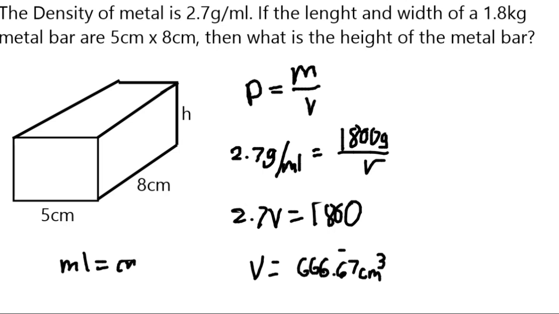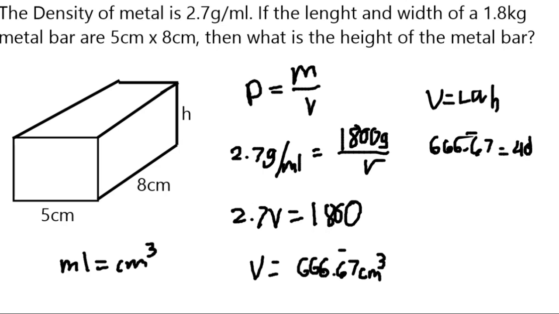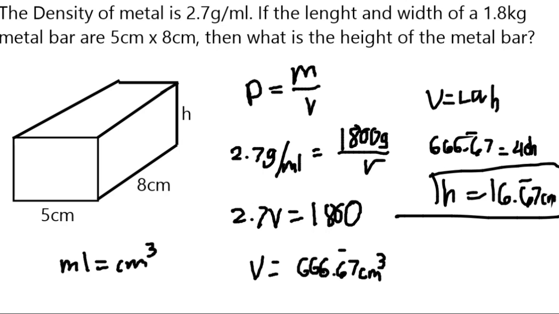As ml is equal to cubic centimeter, this is going to be our answer. So as volume is equal to length times width times height, our volume is 666.6 repeating 7. Our length will be 5 and width is 8. So dividing both sides, we will get our height as 16.67 centimeter. And that's basically it for this video.